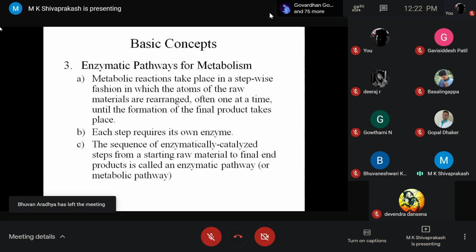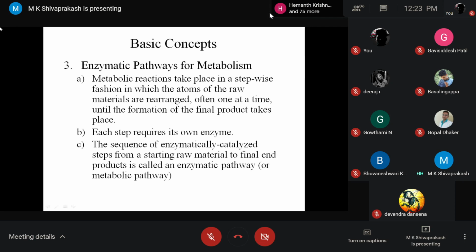Each step requires its own enzyme, that you should know. So it is multiple enzymes, multiple steps. That's why each step is similar to a chemical reaction, which, happening in a living cell, you call a biochemical reaction. So to define metabolism, it is the sum total of all biochemical reactions that happen.